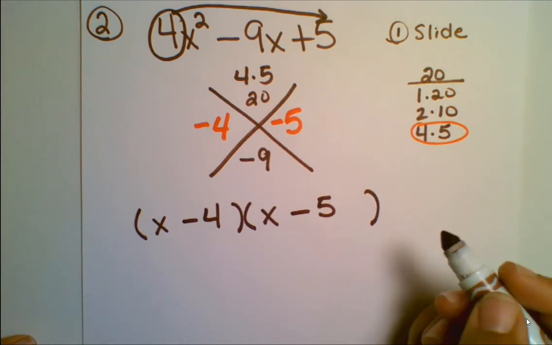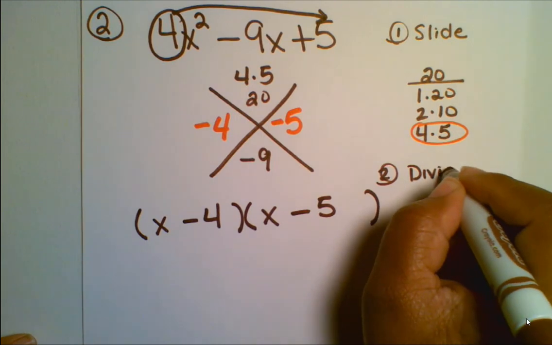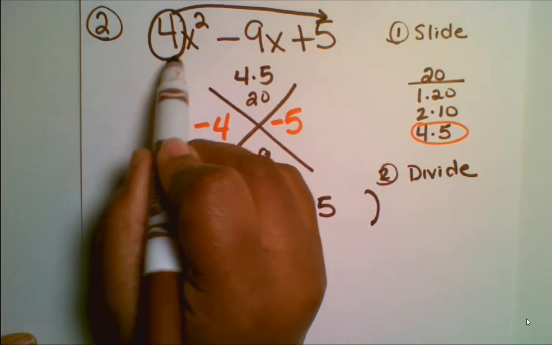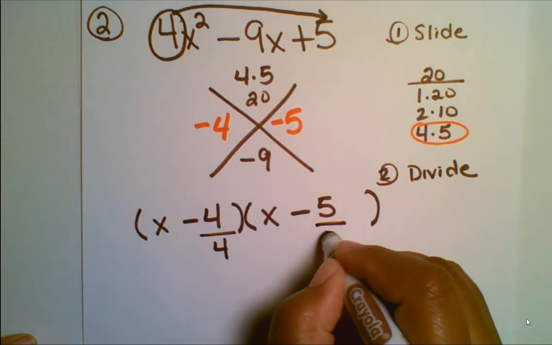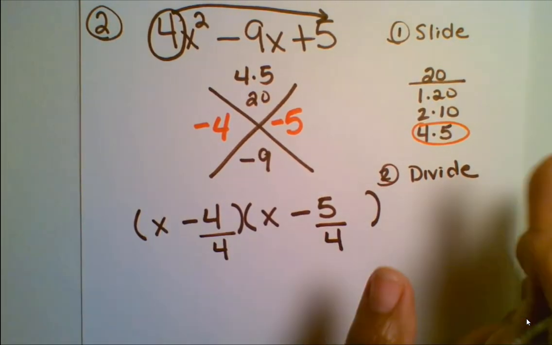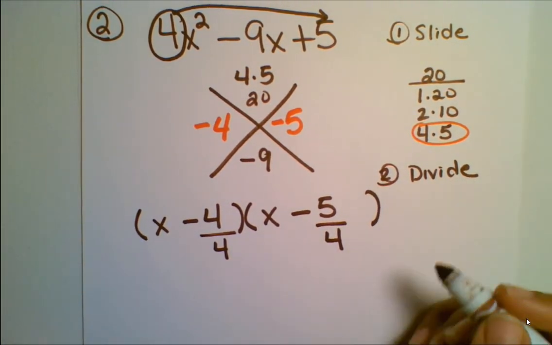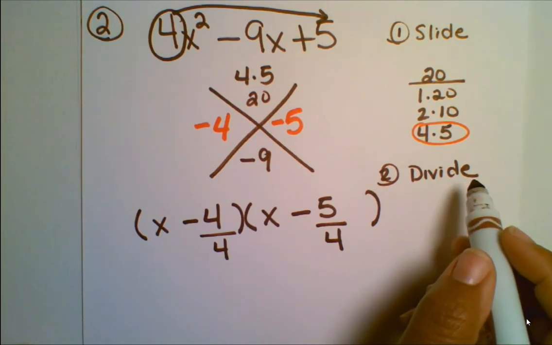That's our template. Then we're going to divide. The number that we're dividing is this 4 that we have circled, the leading coefficient. So we're going to divide the 4 into the last term. In order for this particular method to work, this is what we have to do. So we divide and reduce the fraction.